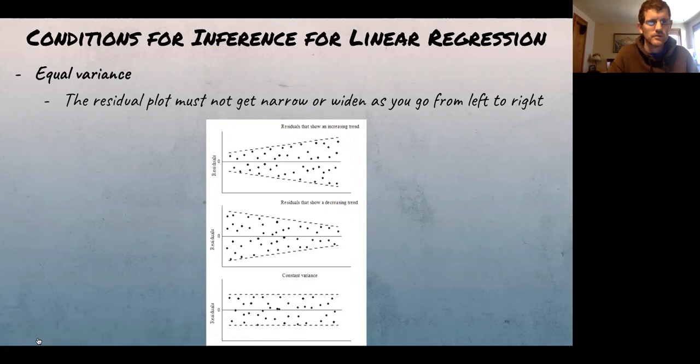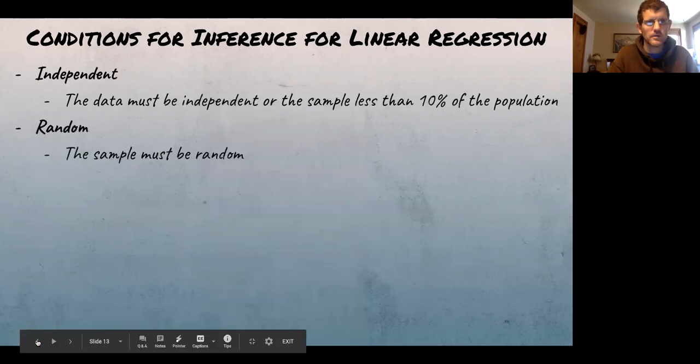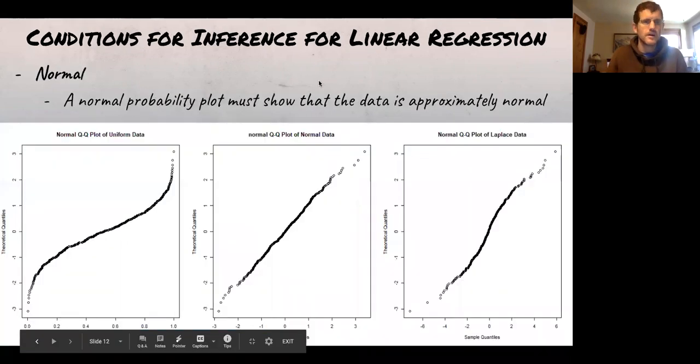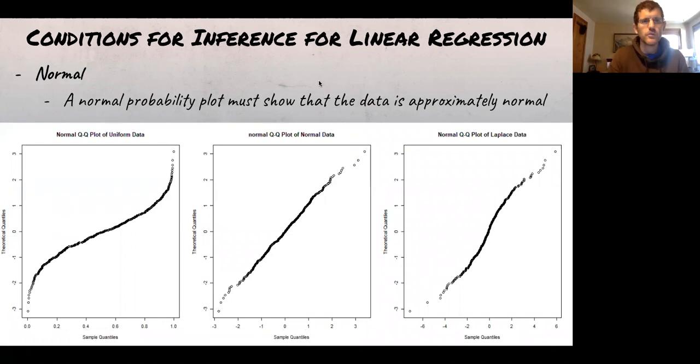Okay, normal. A normal probability plot must show that the data is approximately normal. This is something that we did talk about, but it's probably not right at the forefront of your mind.